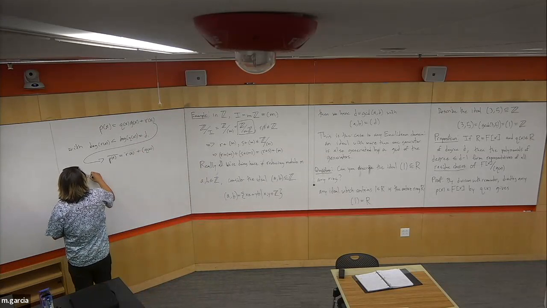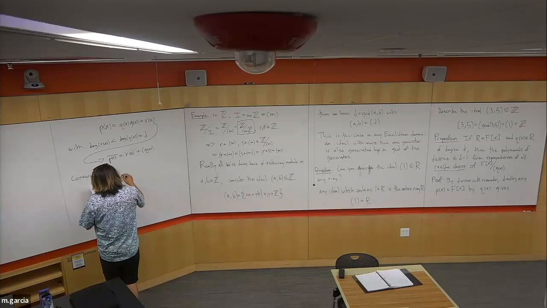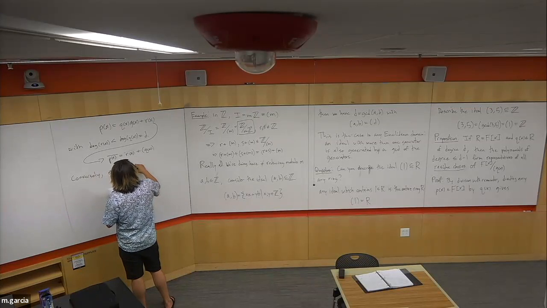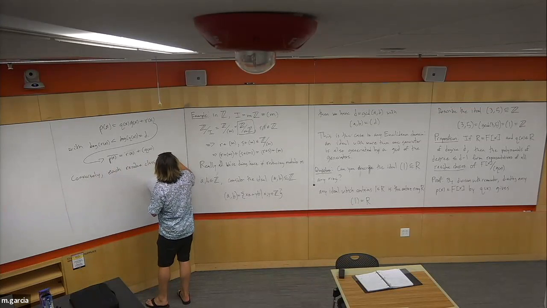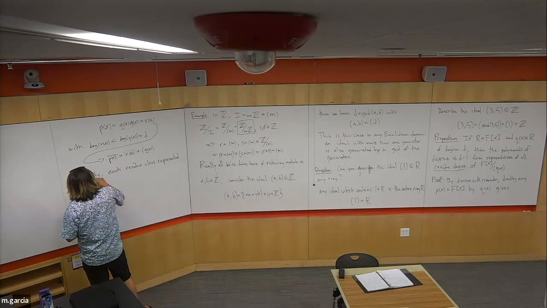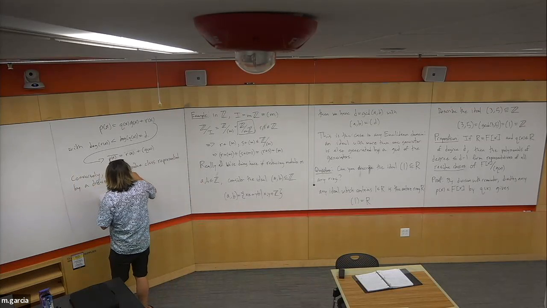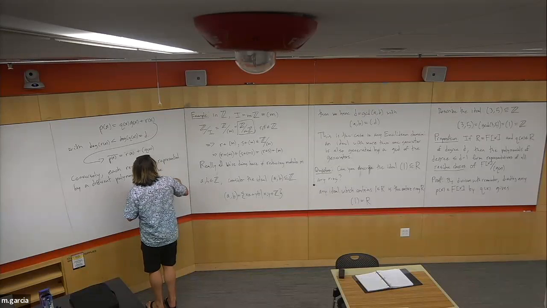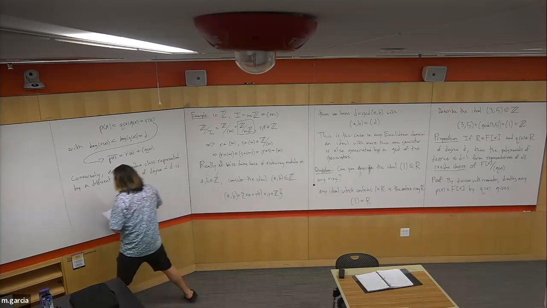So conversely, each residue class represented by a different polynomial of degree strictly less than D is distinct.